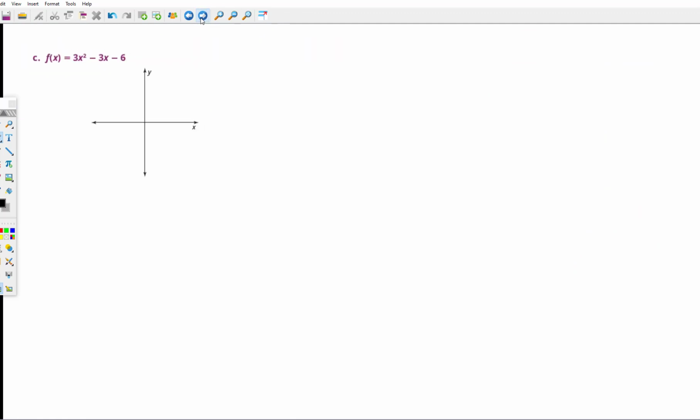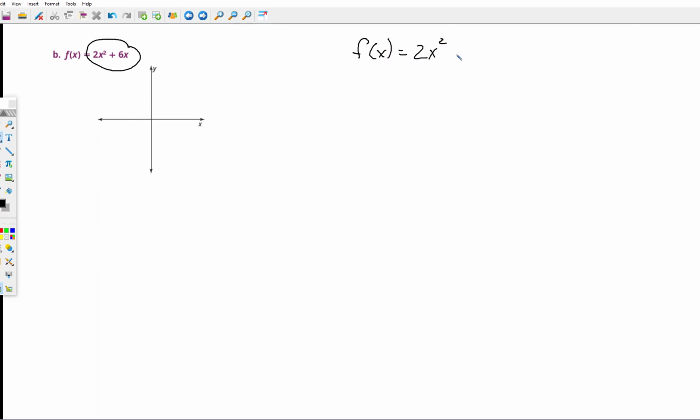Do you want me to do B or C? B? Yeah, B. So we're going to look at 2x squared plus 6x. What is our greatest common factor?